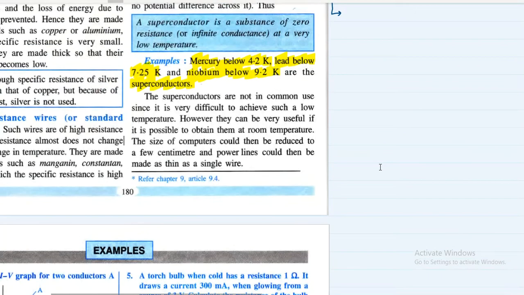Superconductors are not in common use since it is very difficult to achieve such a low temperature. However, they can be very useful if it is possible to obtain them at room temperature.